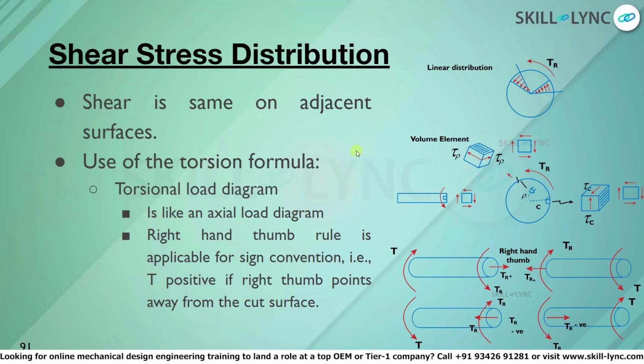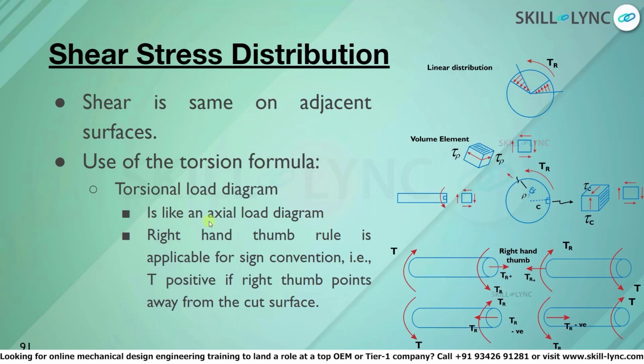Now when we come to shear stress distribution, shear is the same on adjacent surfaces, which we saw. So by using the formula for torsion, we need to address the sign convention that goes with the shear stress distribution. We previously saw sign convention when we were working on SFD, BMD and deflection.